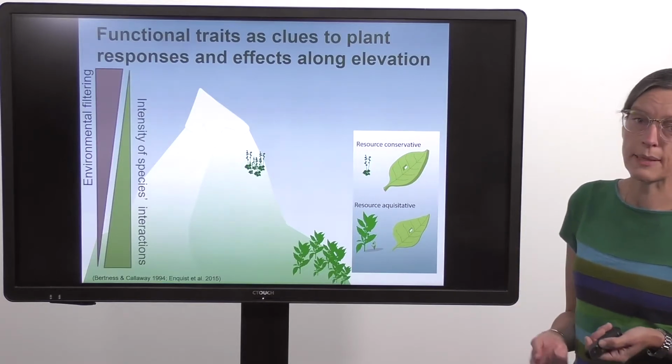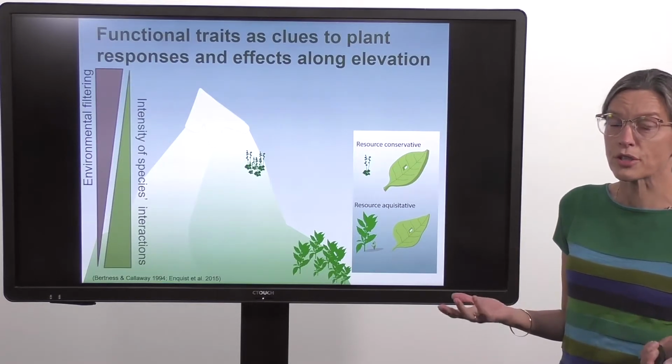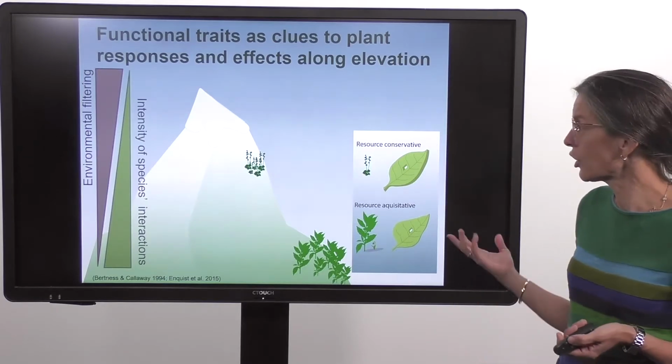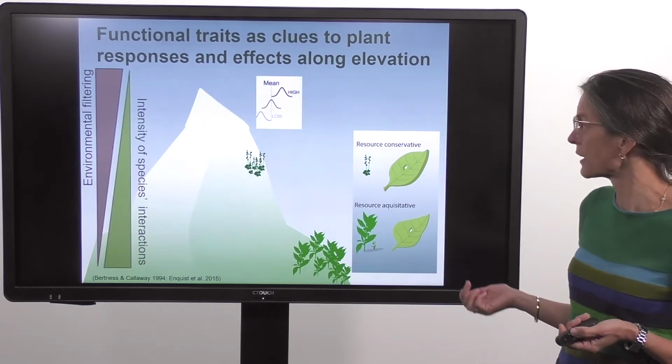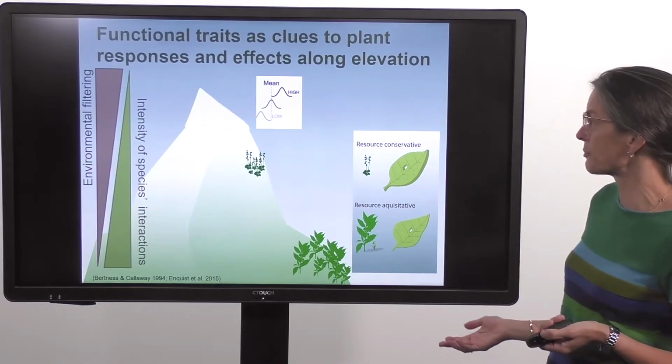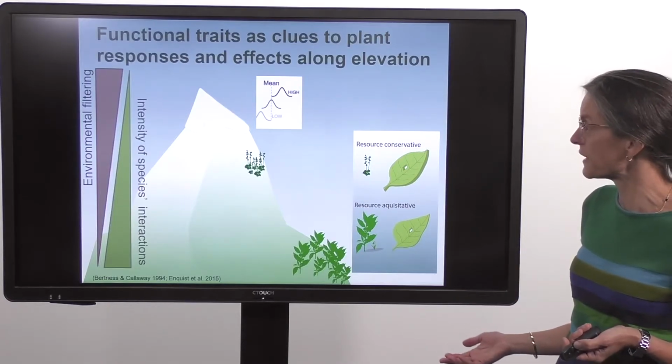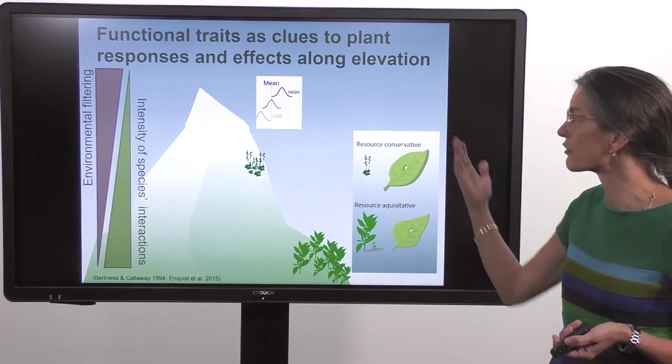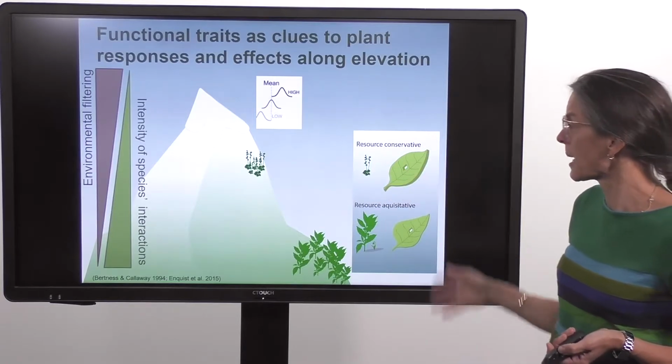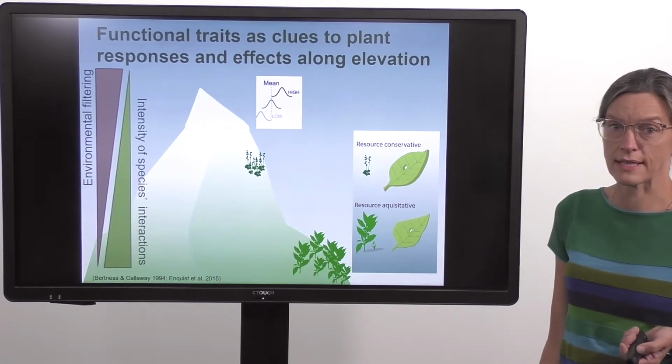These theories also make predictions about the distribution of traits along these gradients. So the first prediction is, of course, that we expect a shift in the mean values of traits going from one end of the gradient to the other one, based on these general relationships.